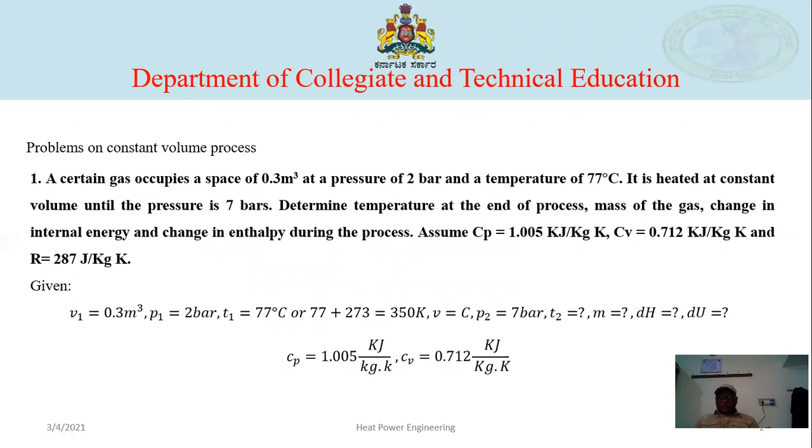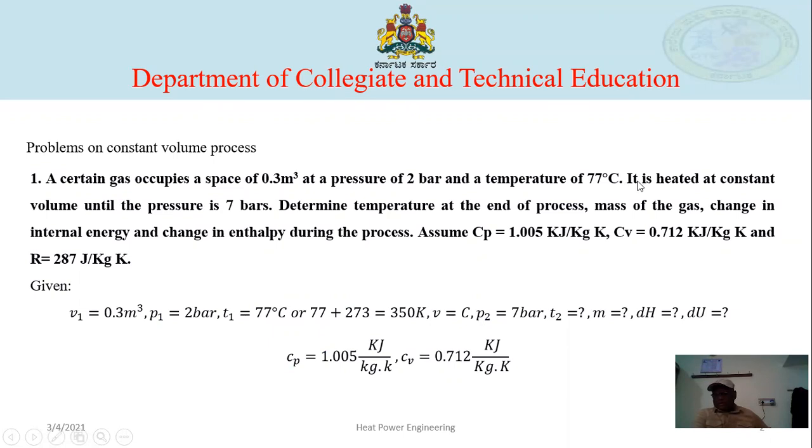A certain gas occupies the space of 3 meter cube, the volume of the gas at the beginning, at a pressure of 2 bar. In the previous classes, I did explain also 1 bar is equal to 1 into 10 to the power of 5 Newton per meter square, and a temperature of 77 degrees Celsius.